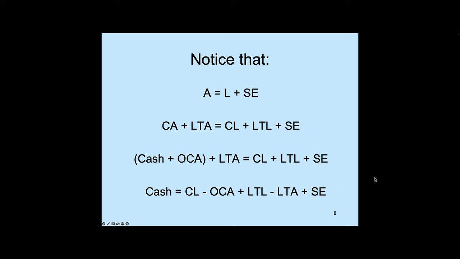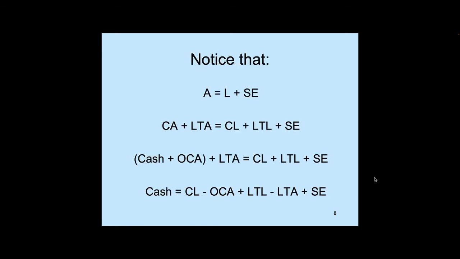And now we have a restated balance sheet or asset accounting equation. And finally, if we take that version of the accounting equation, then we can put just changes, and that means that the change in cash is equal to effectively the change in current liabilities minus the change in other current assets.